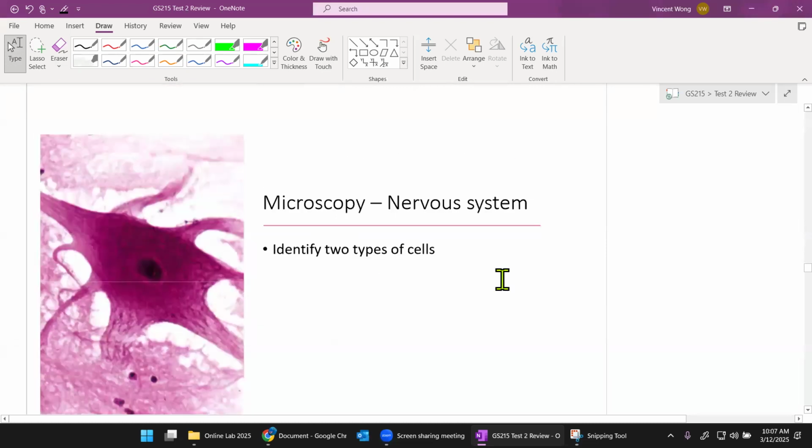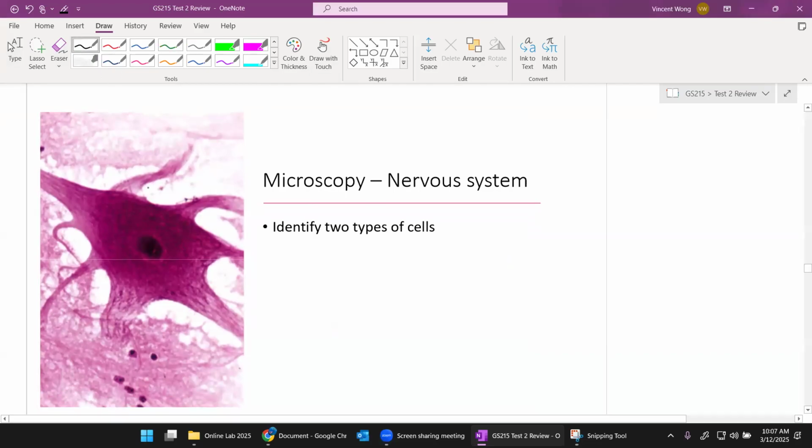Okay, identify two types of cells right here. So this here, this main one, that's the neuron. And then here you can't really see the whole cells, but you can kind of see the nucleus over there, the nuclei of the other cells.